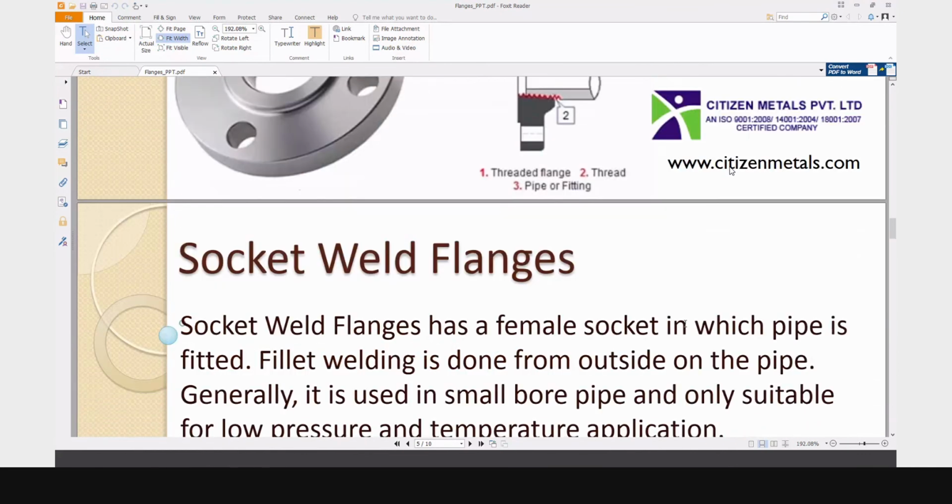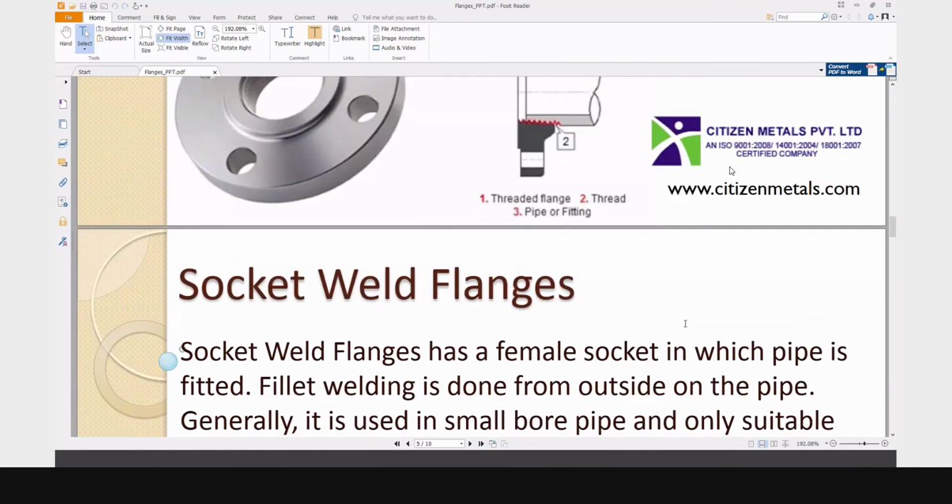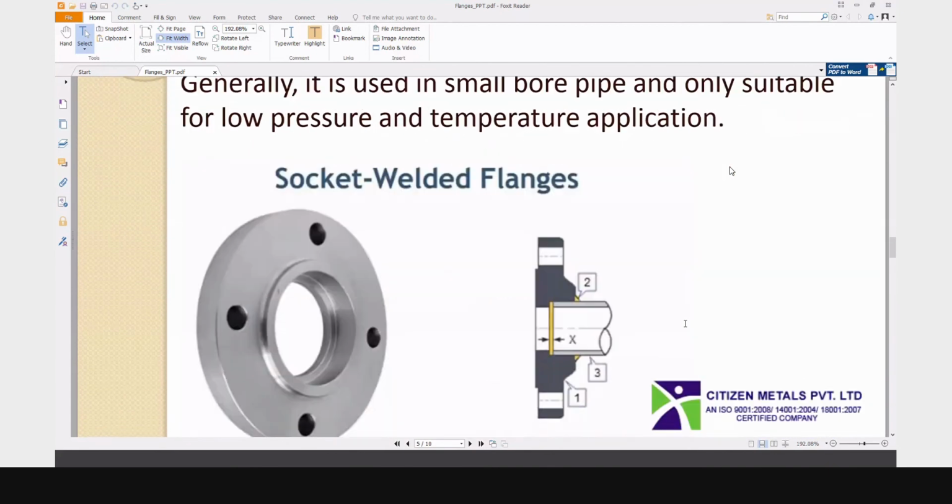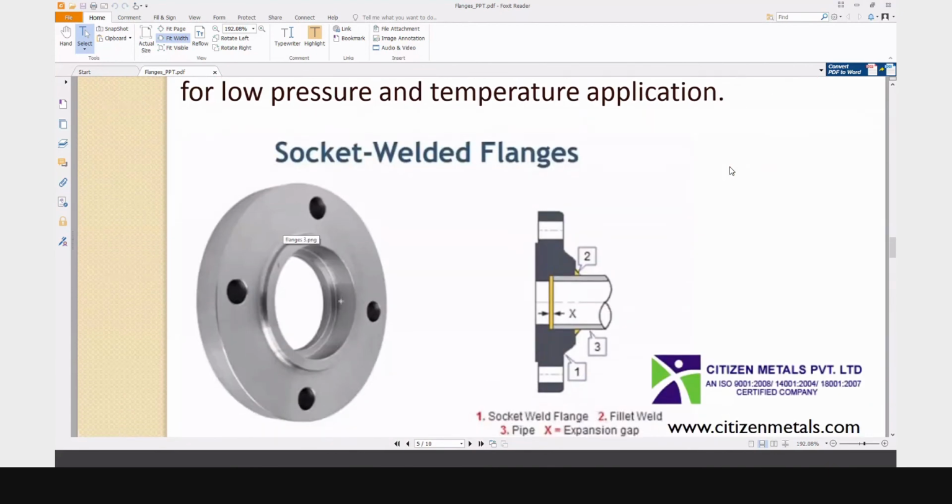Now, second is the socket weld flange. You see the flange. There is no threading, but a socket type arrangement is there so that the pipe can go through this up to a certain distance, and it is welded.